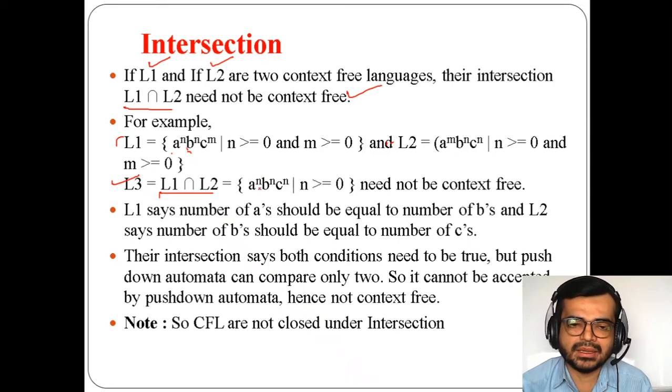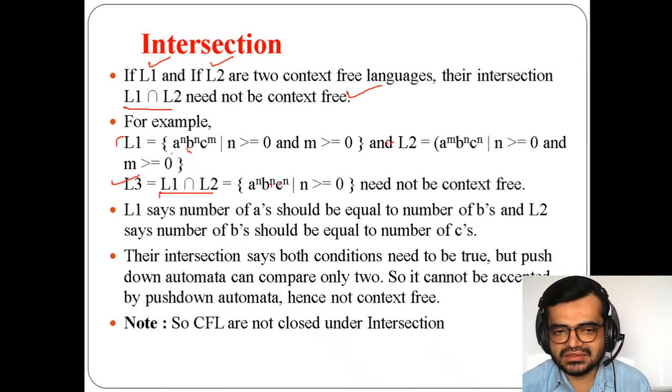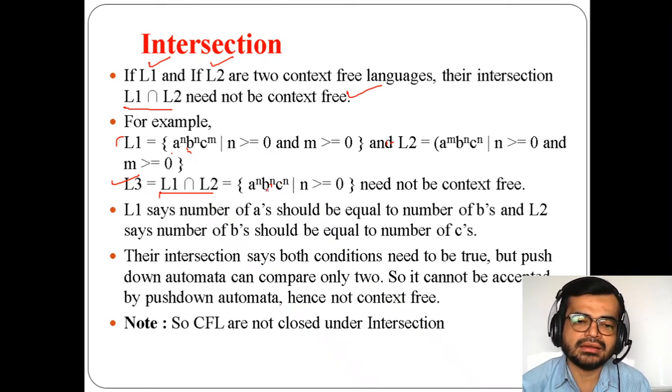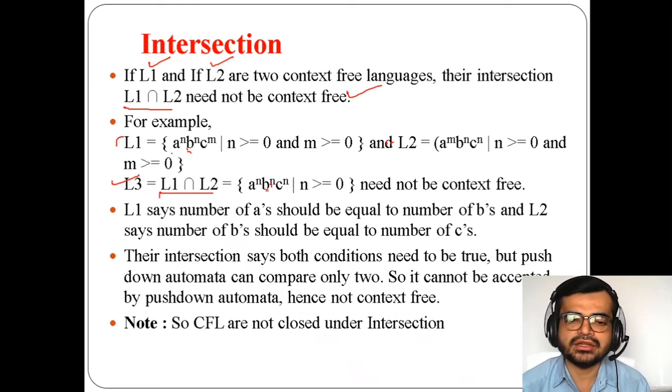We stick with n because b to the power of n is already in both languages. So we take a to the power of n, b to the power of n, c to the power of n, and it need not be context free. Why? Because sometimes m and n will be equal, and sometimes they will be different. If they are the same, it's well and good, but it won't always be.